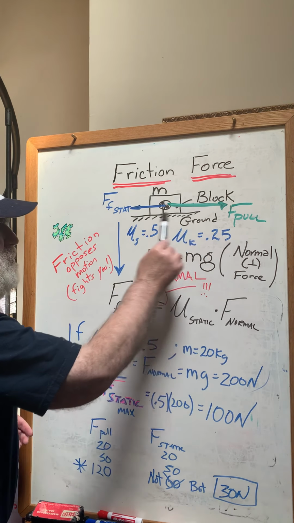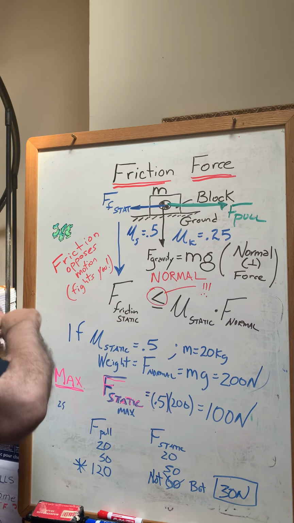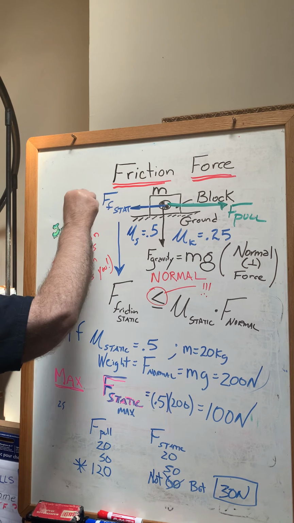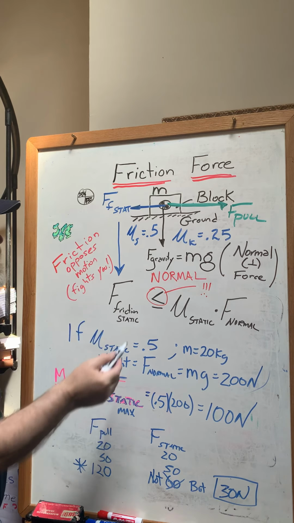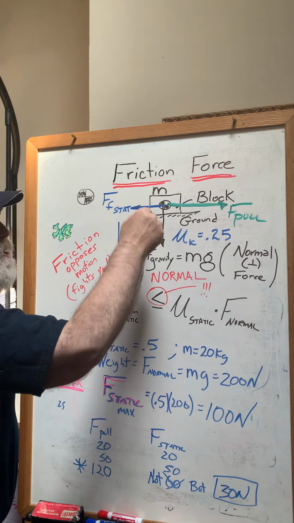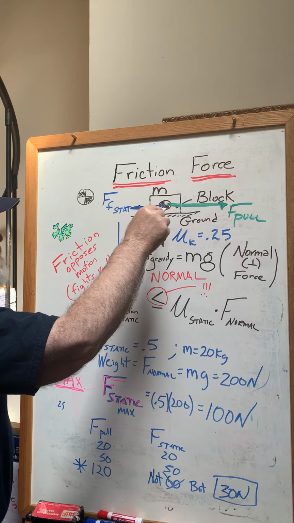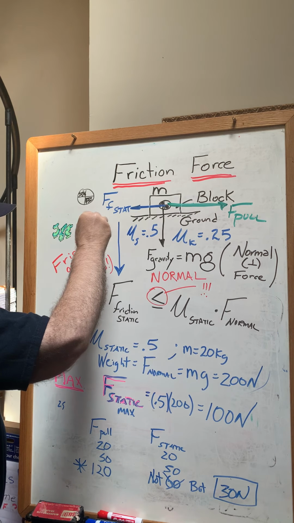So here's a level surface and a mass sitting on the surface, and that's a little symbol for the center of gravity, like they put on the crash dummies. Until we get to torque and rotation, we assume that all masses behave like their entire mass is concentrated at one point.